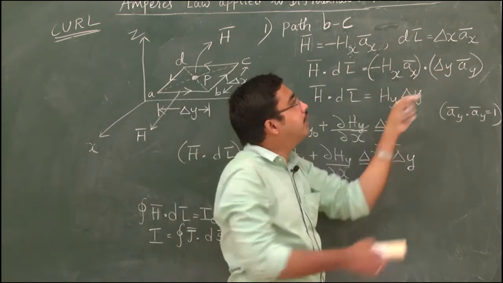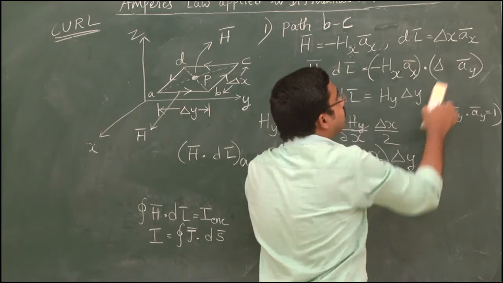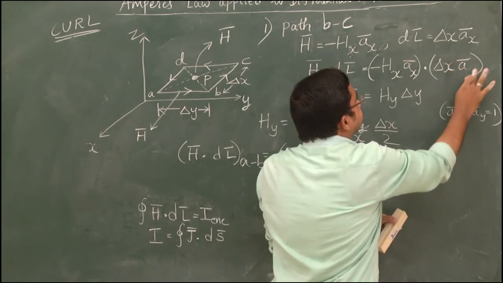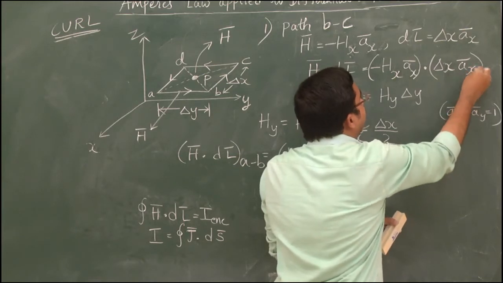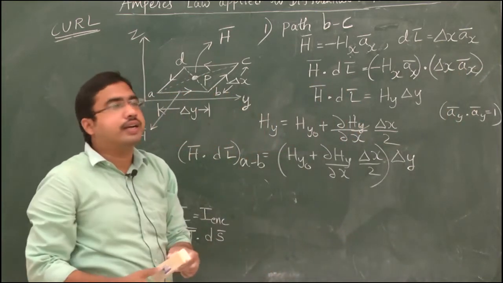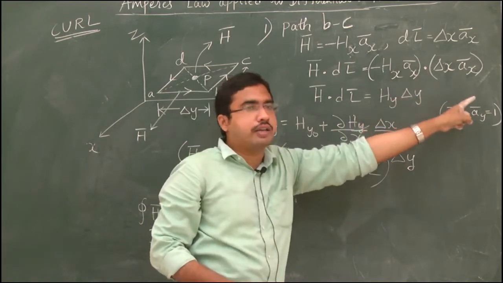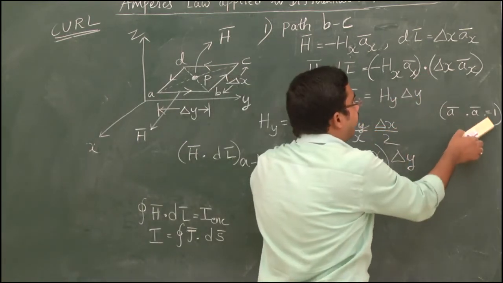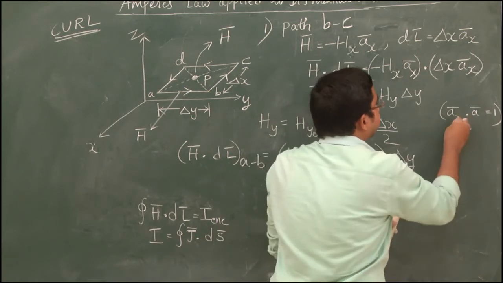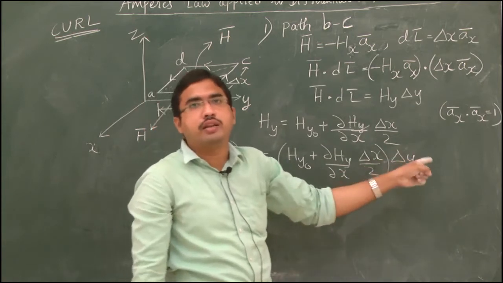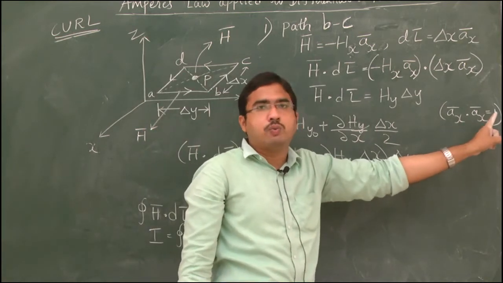Delta X into Ax bar. Now here, if you take the dot product Ax bar dot Ax bar, that is equal to 1. The dot product of two similar unit vectors is equal to 1.